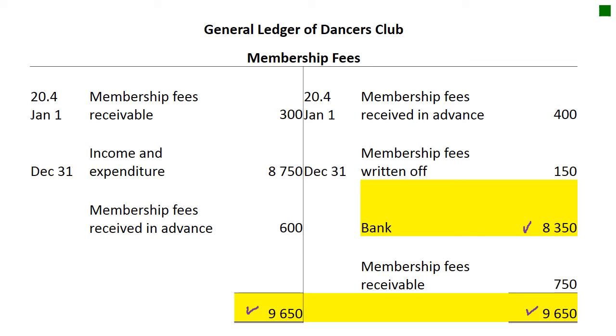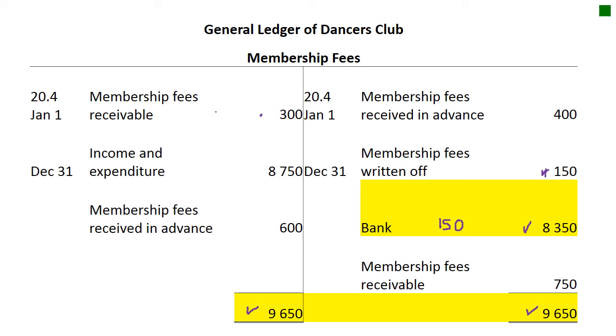You always start off with reversing the accruals from the prior year. The membership fees receivable, that 300 Rand, was membership fee income for last year, and last year we showed it as income. This year, we reduced the membership fees account because 150 Rand of that was actually received during this year and is included in this 8,350 Rand, and the other 150 Rand here was written off.